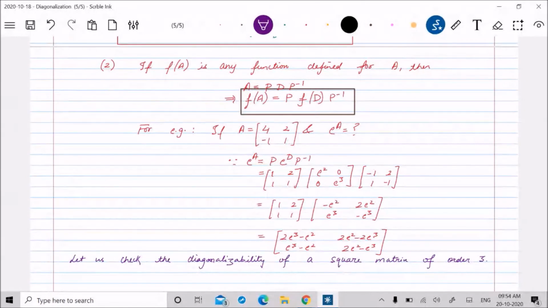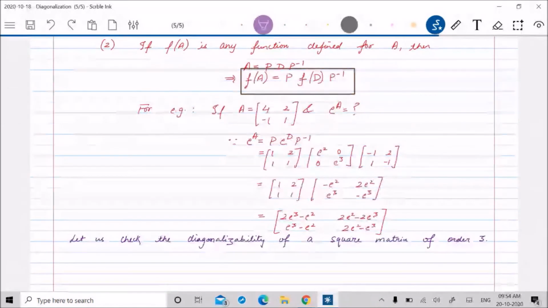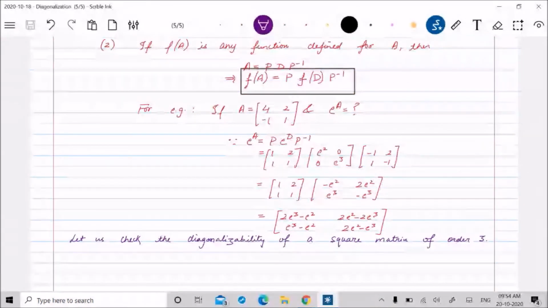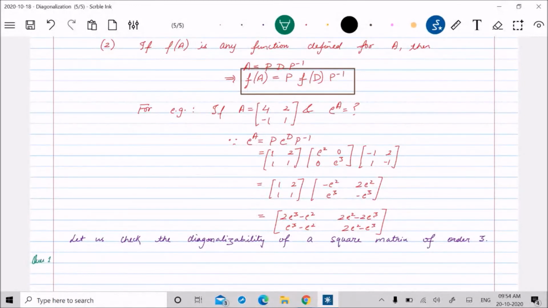Now please get ready for long calculations, because a 3 cross 3 matrix will have 3 eigenvalues, and you will be finding 3 eigenvectors corresponding to them, and that will take too much time, right? Okay, so I'm taking the first question. Question number 1. This is my new question. Question number 1 for a 3 cross 3 matrix, right?